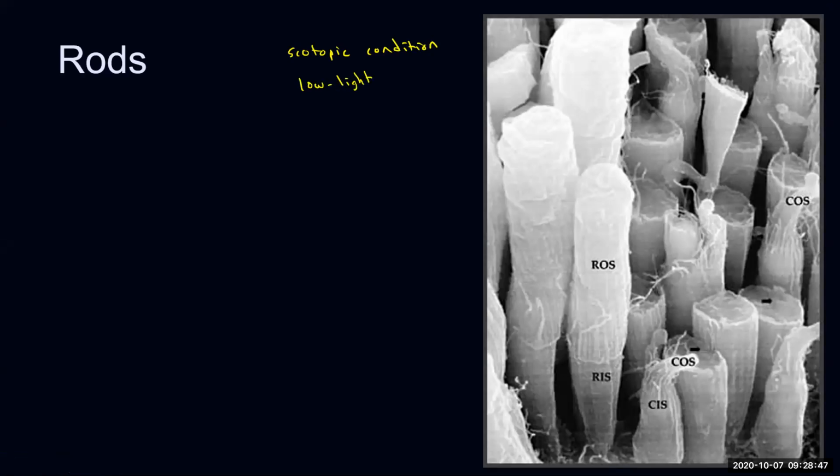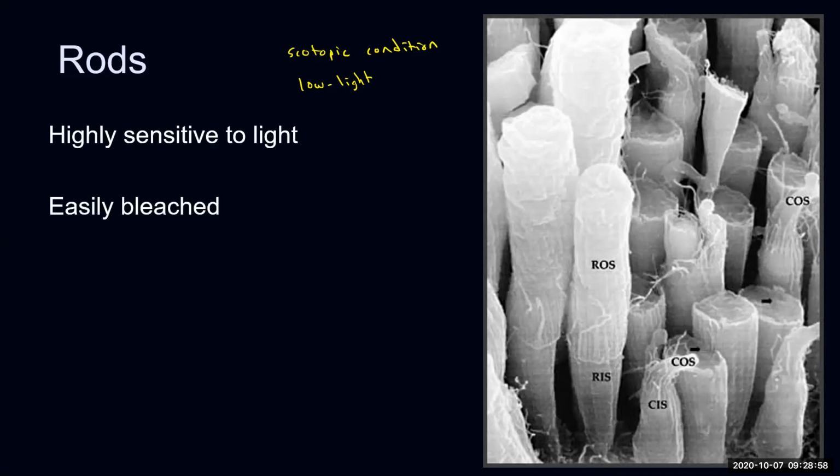So the rods have some characteristics. They're highly sensitive to light, and so the transduction is very, very efficient. They're easily bleached. What I mean by bleached is we can run out of photopigment.